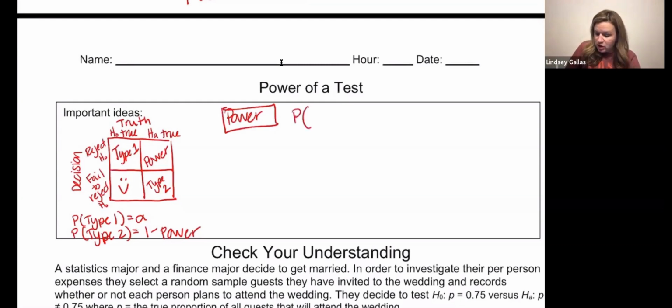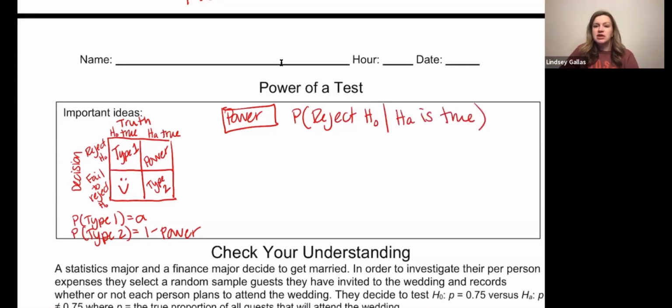All right. And then the other very important part of our learning targets today, we're interpreting power. So I like to start with the probability notation. So it is the probability that you reject the null given the alternative hypothesis is true. So if I think of it as a conditional probability, it makes my interpretation a little bit easier. So when I'm writing a conditional probability, I would start by saying the condition.